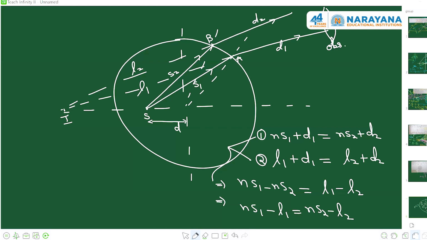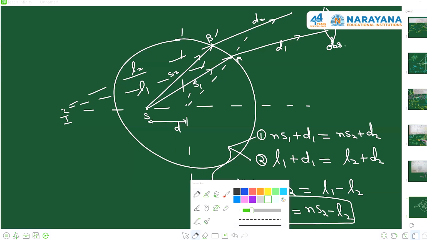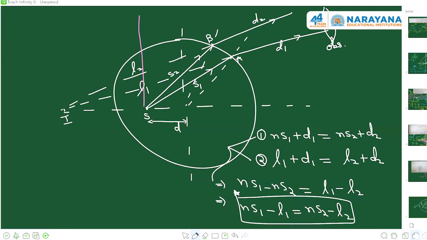The third statement that I want to make now is that we are writing these terms for all the possible rays. I'm not writing this equation for two specific rays. For everyone which is going rightwards with respect to this plane, I'm writing such equations.